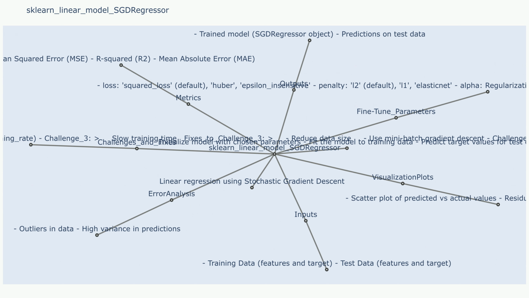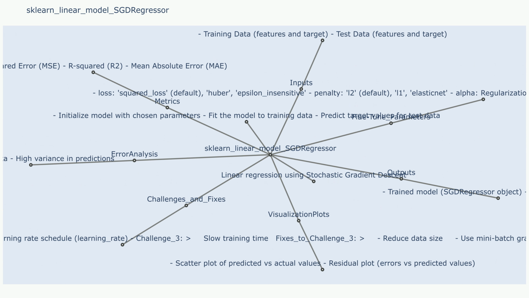Regularization during the training process: the loss function is penalized based on the magnitude of the weights, L1 or L2 regularization. This helps prevent overfitting and improves the model's ability to generalize to new data.